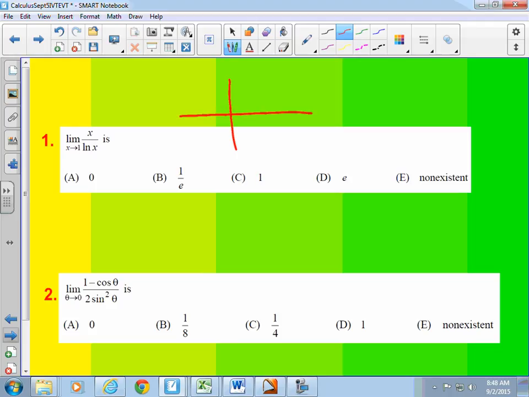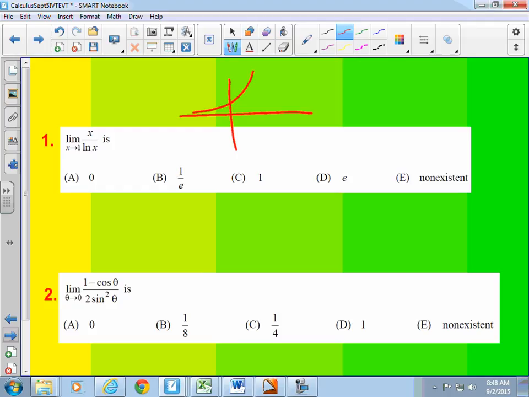Which one's E? If I were to draw E, E's going on top. E to the 0 power is 1, right? So that's the point 0, 1. So what would the inverse be? You just switch the x and y. 1, 0, right?